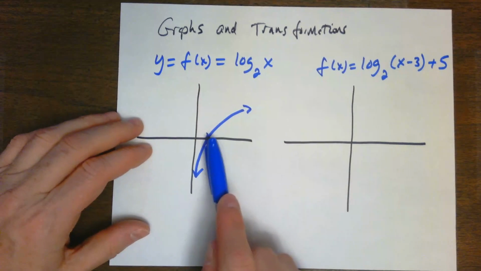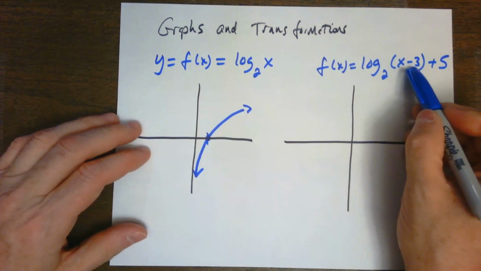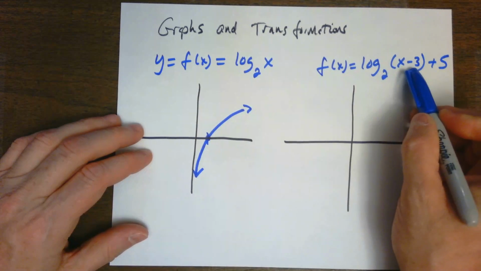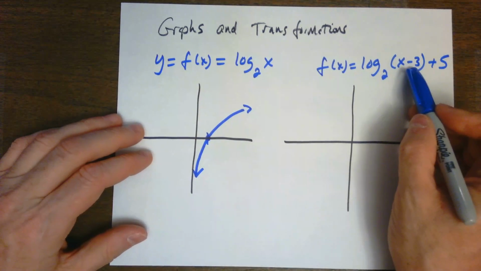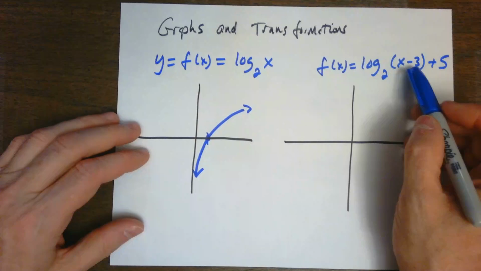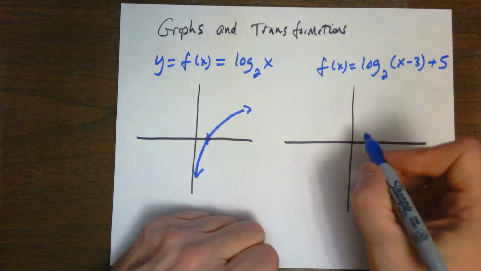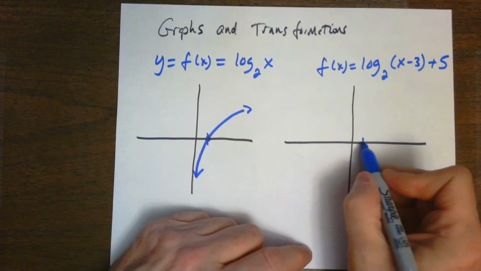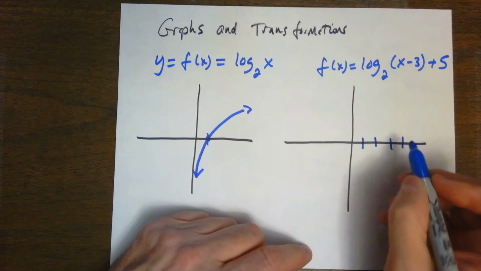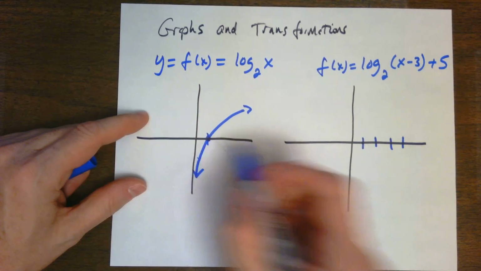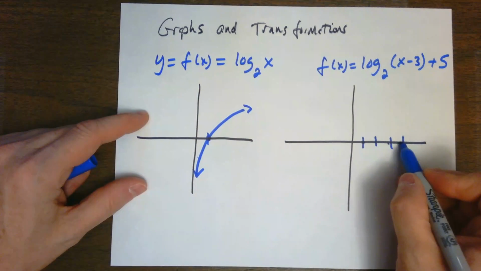So here's my parent function. Now, what is this negative 3 doing here? Well, it's inside. This is going to be a horizontal translation of positive 3. So negative 3, it always goes the opposite way. So I'm starting here, and I'm going to move 1, 2, 3.